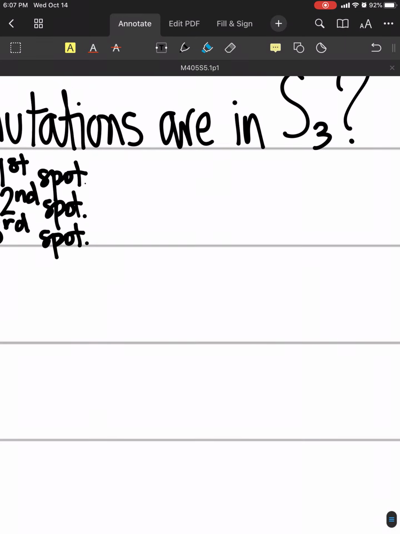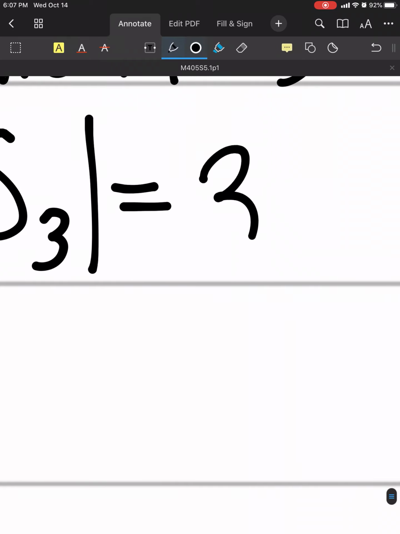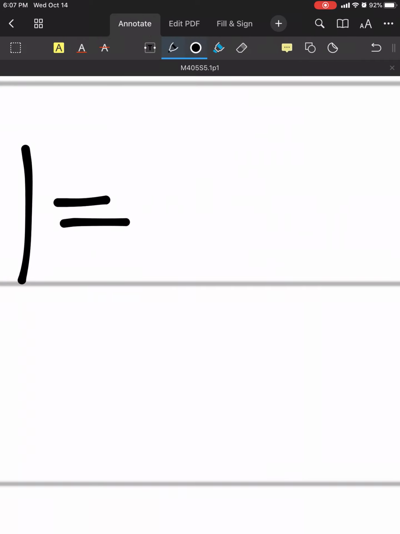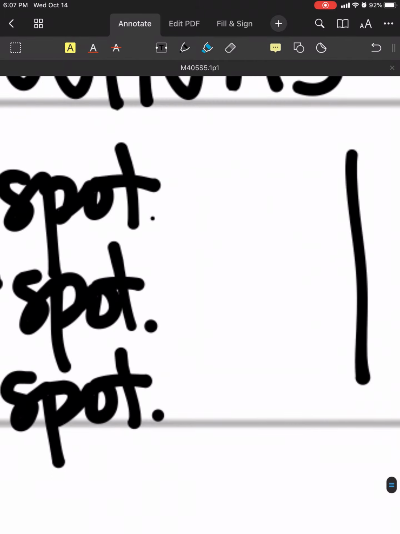So, what that tells us is S3 has an order of 3 times 2 times 1, which is just 6. So we have 6 elements in S3.